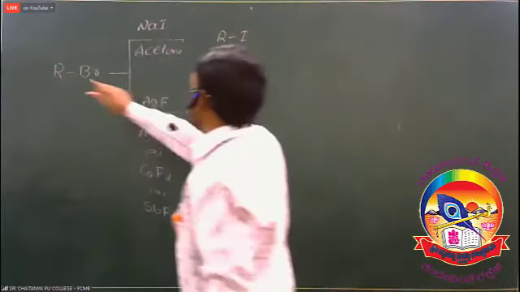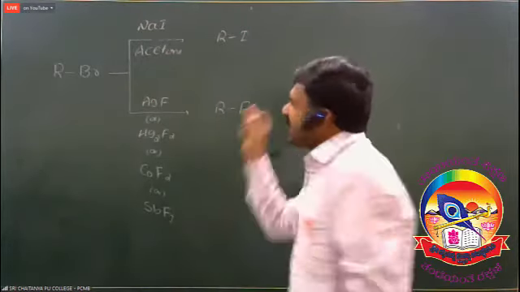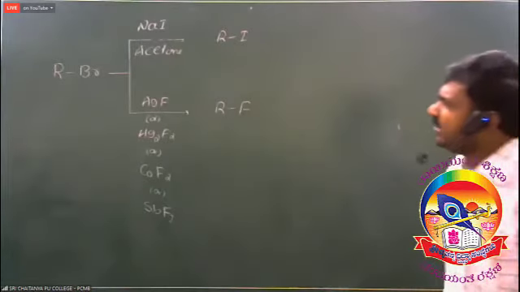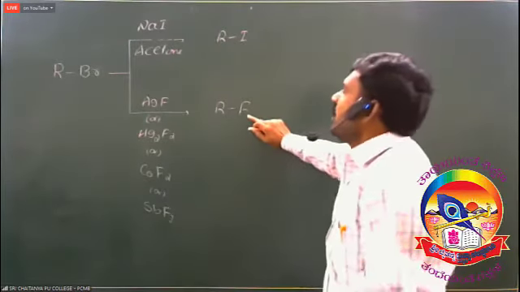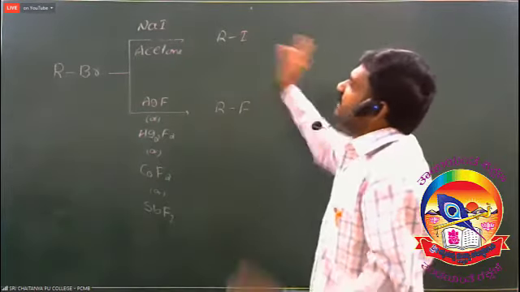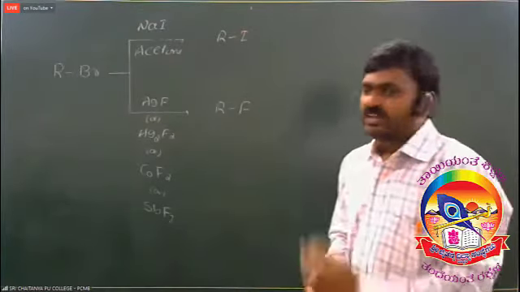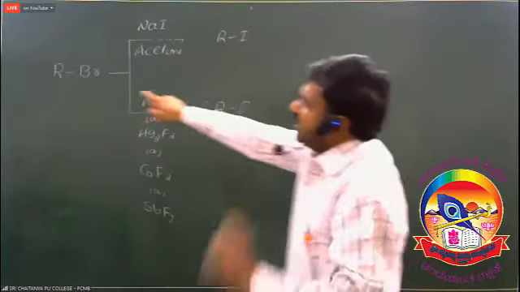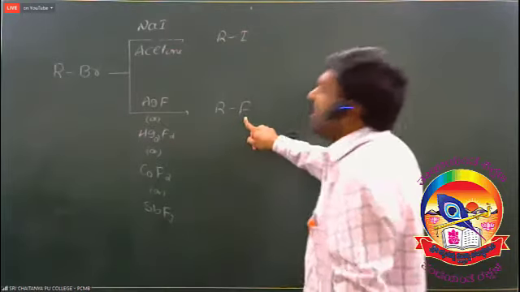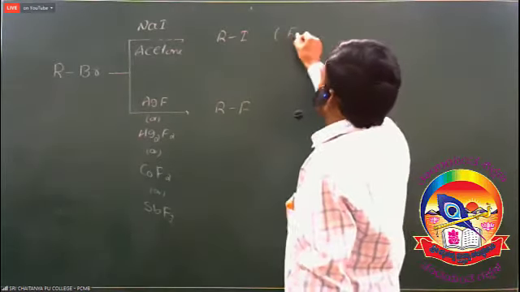Here alkyl bromide is converted into alkyl fluoride. What is the name of the reaction when alkyl bromide is converted to alkyl iodide, and when it is converted into alkyl fluoride? The first one is the Finkelstein reaction.